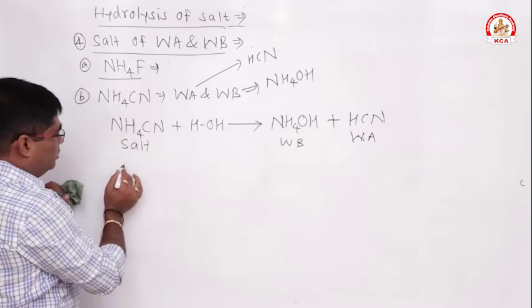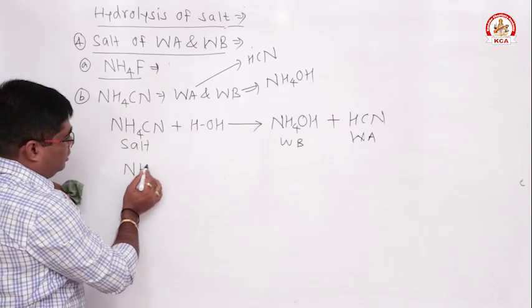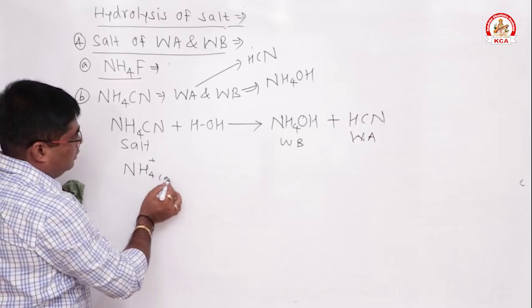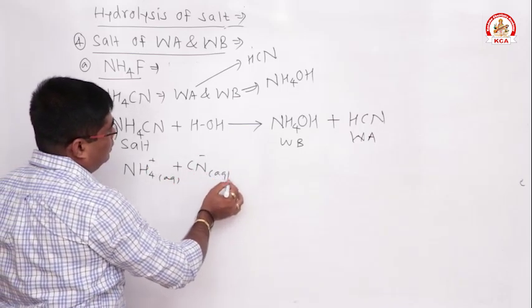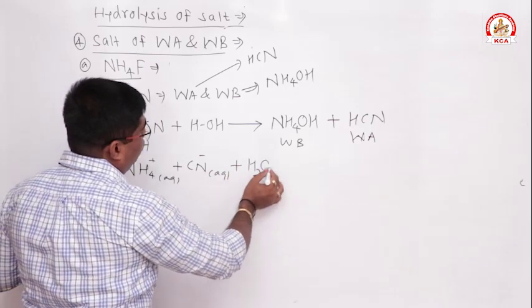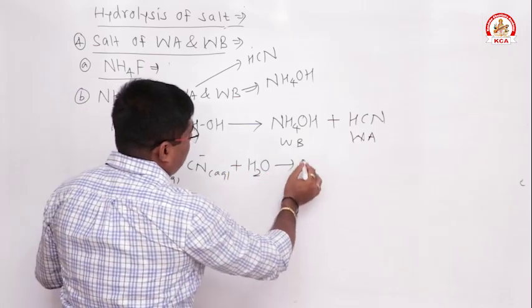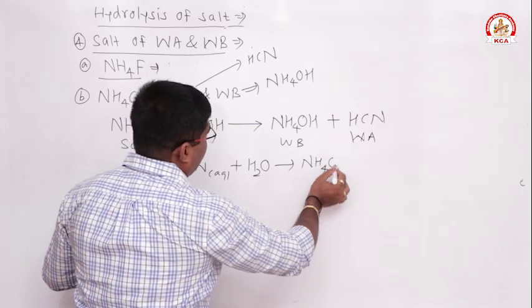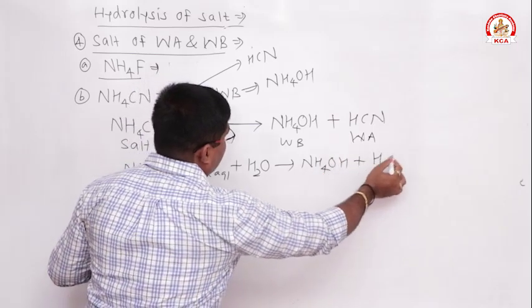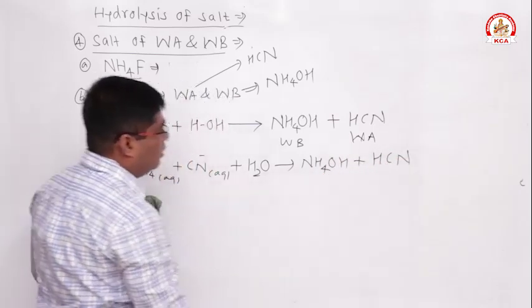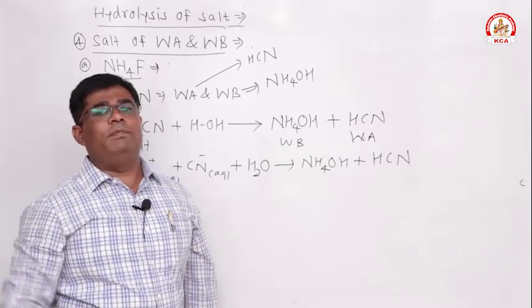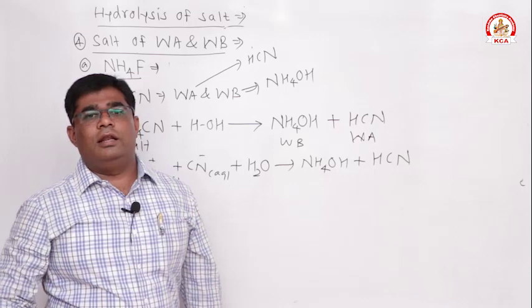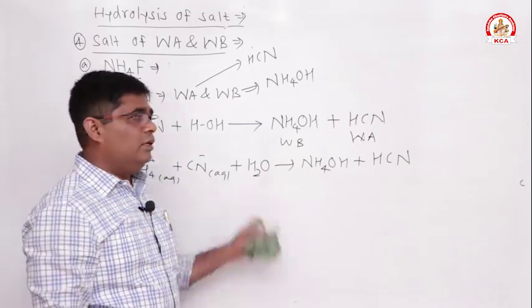Salt undergoes dissociation, NH4 plus and CN minus, then H2O, both are weak, NH4OH and HCN. What is nature of this solution? Acidic or basic? Definitely depends on relative strength of acid and base.